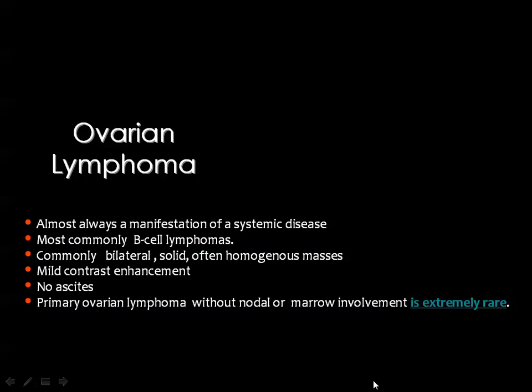Ovarian lymphoma is usually of the secondary type, and primary ovarian lymphoma is extremely rare. In these patients, to diagnose ovarian lymphoma, you should see one of two things. Either the patient is known to have lymphoma anywhere in the body, or you can see in the abdomen the typical appearance of lymph nodes of lymphoma, which are bulky, homogeneously enhancing, and do not contain calcium nor areas of breakdown.